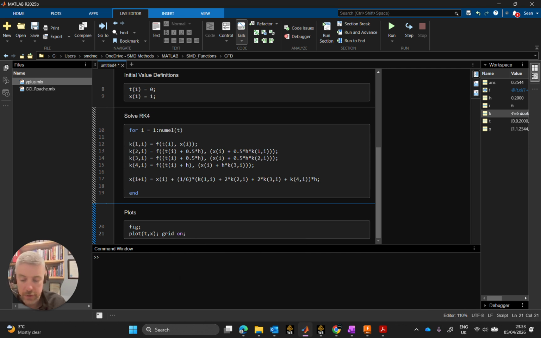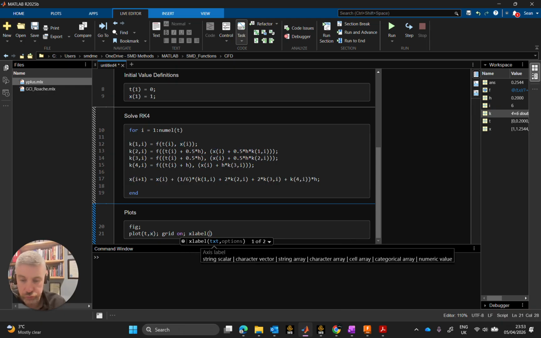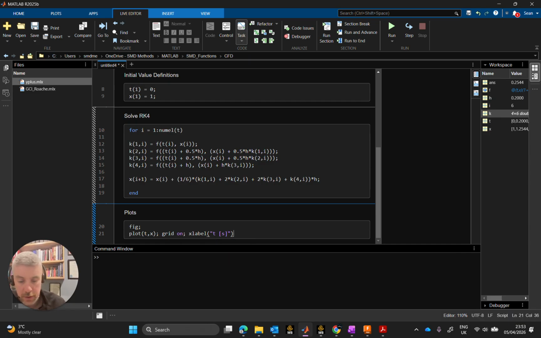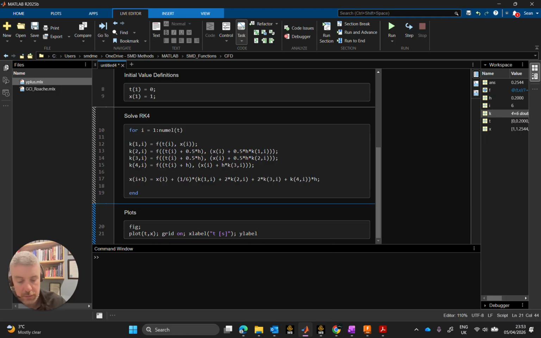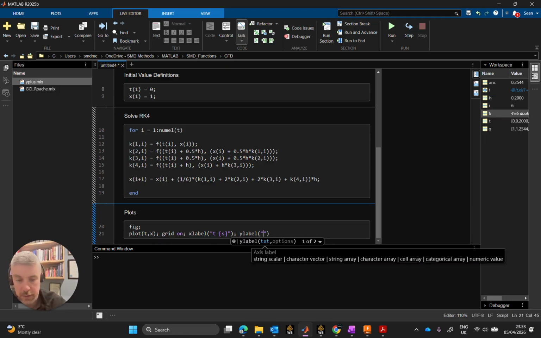Our x label is t. Let's just make it t, seconds, who knows? And our y label, let's make that x, which could be position. Let's go for meters.